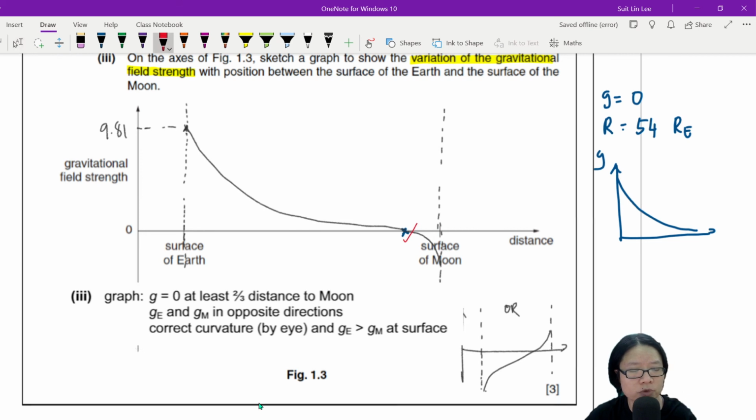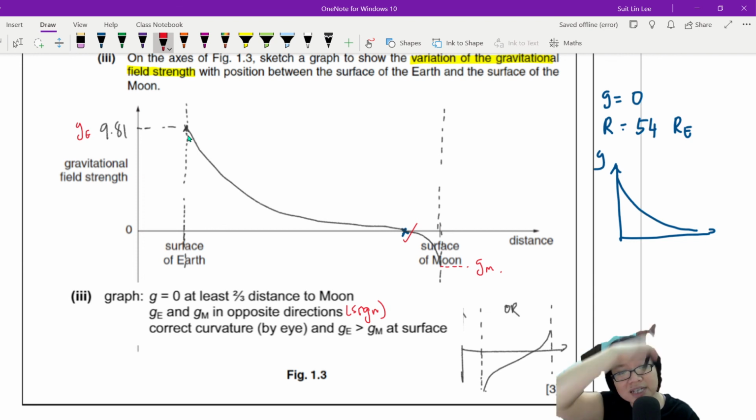GE and GM in opposite direction, so opposite sign. The sign here is for vectors GE and GM. Here is GE at the surface of the Earth, and this value here is GM, in the opposite direction. Correct curvature by eye.